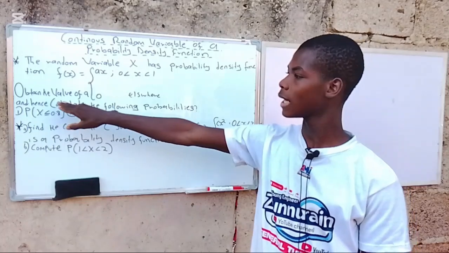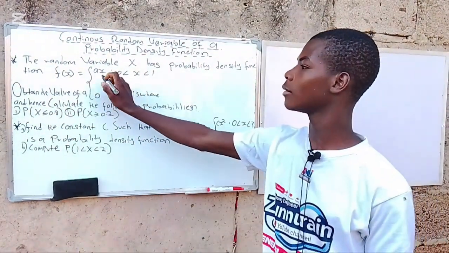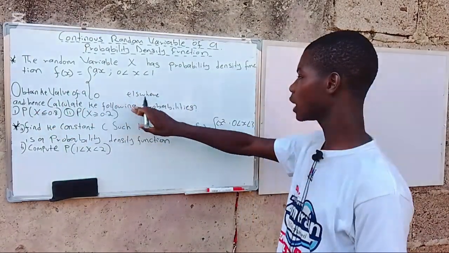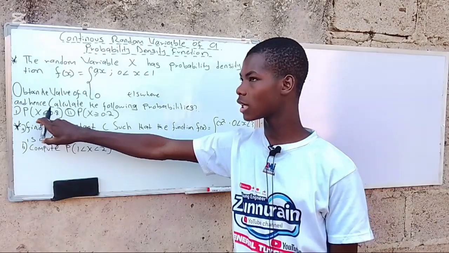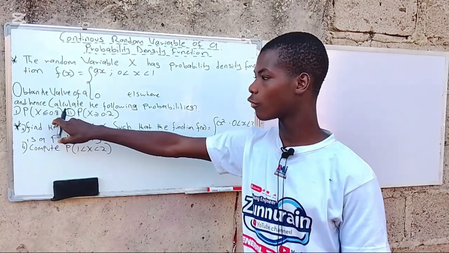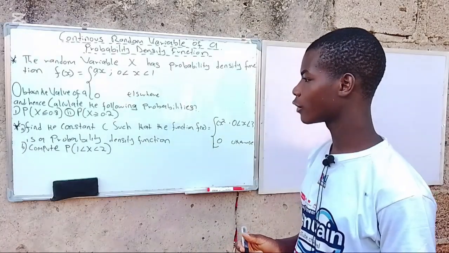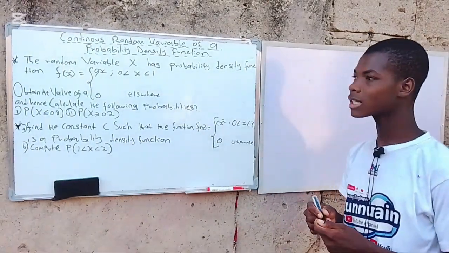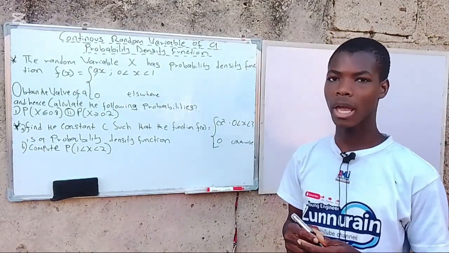We are to obtain the value of a by integration, and hence calculate the probabilities that x is less than or equal to 0.8 and greater than or equal to 0.2. The first thing we have to do is find the value of a.